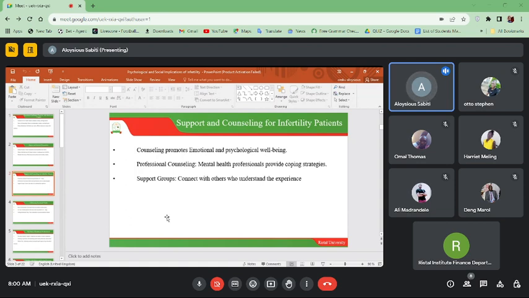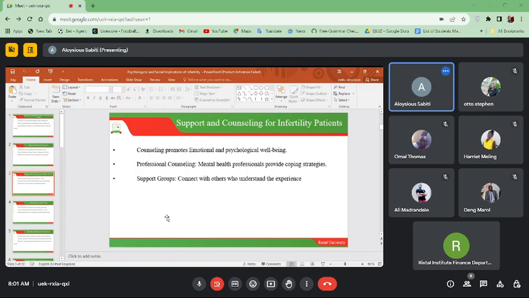These are some of the support you can offer to individuals who are infertile. So counseling promotes their emotional and psychological being. Professional counseling, mental health professionals provide coping strategies, but also support groups connecting with others who understand the experience.